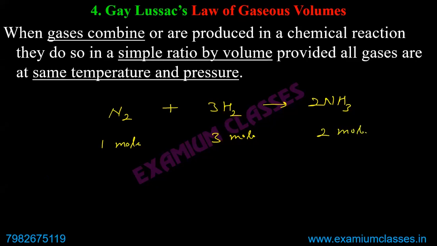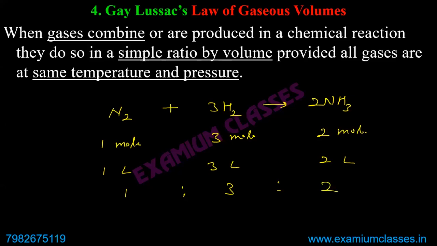Same will be the volumetric ratio, that is 1 volume, 3 volume, 2 volumes of ammonia will be produced. Means if you have 1 liter of N2, 3 liters of hydrogen, you will get 2 liters of ammonia. So volumetric ratio will also be simple mole ratio. Is that clear? Yes, sir.